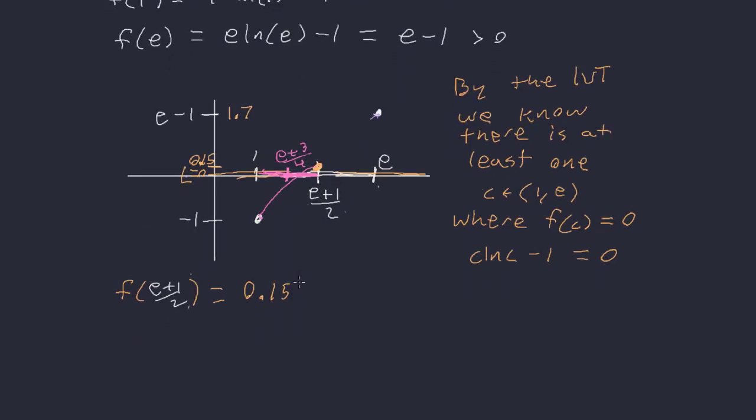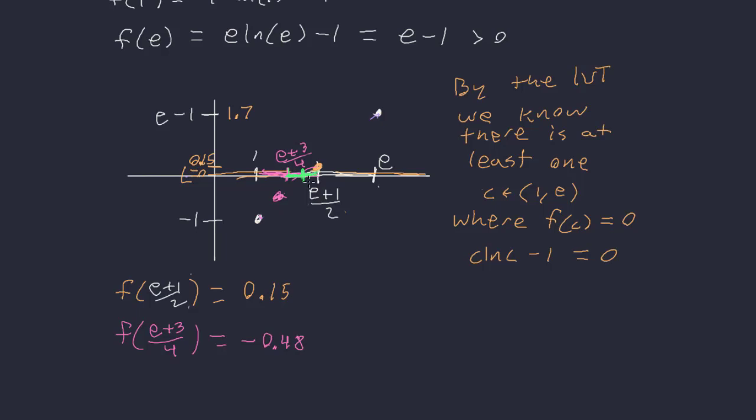Again, don't get too hung up on what these numbers are. Just the idea is what I want to focus on here. So it's the next midpoint, and when you plug that in, you get negative 0.48. So now we are closer than we were before, and then we will cut it in half again.